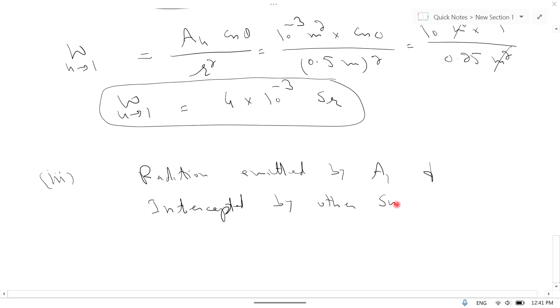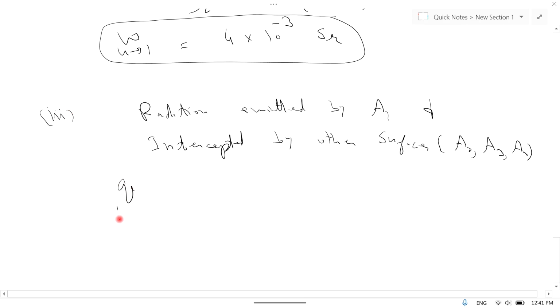The other surfaces are A2, A3 and A4. For this, the general formula is Q from 1 to J, that is 1 to 2, 1 to 3, 1 to 4, is equal to I A1 cos theta 1 into W from J to 1.